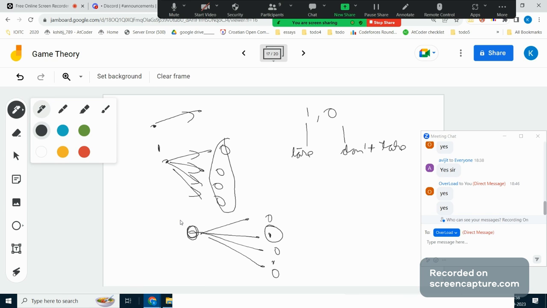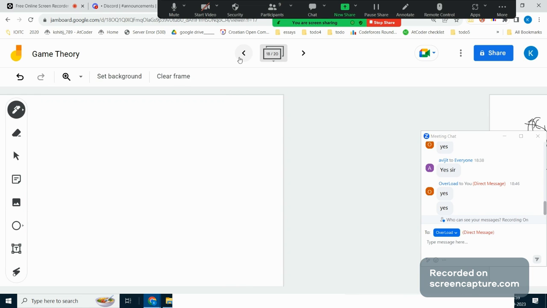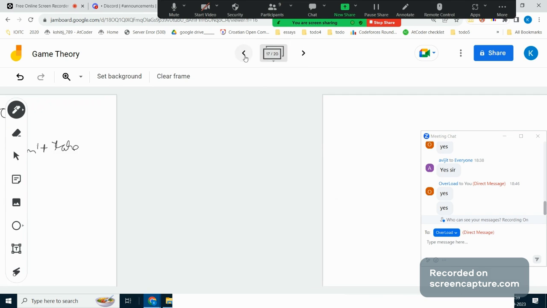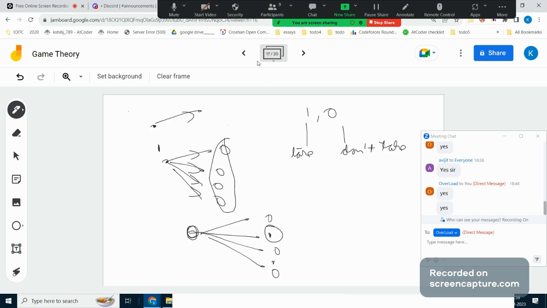So now, the main observation. Do you all want to try, or should I tell the solution? The greedy approach works, but it's n cube. So you have an n cube solution and you need a much faster solution.